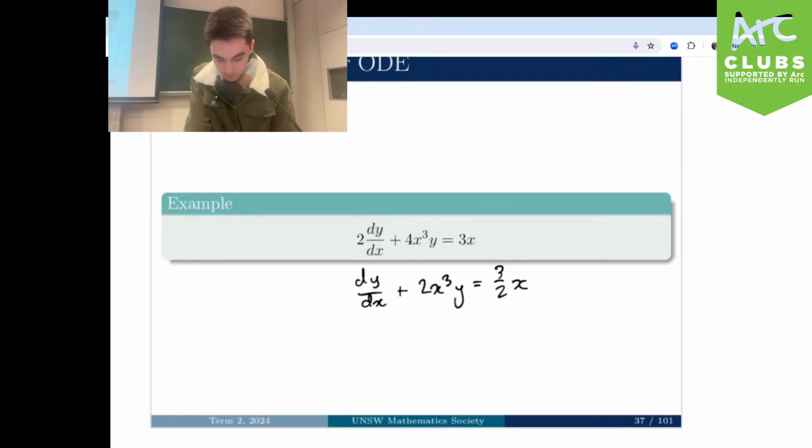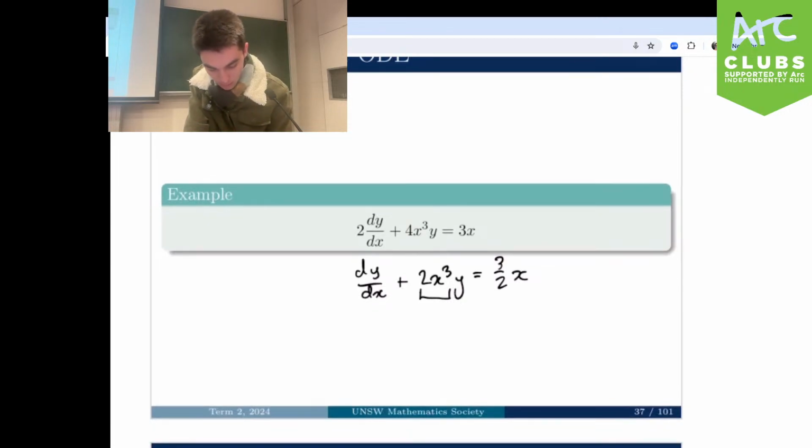And we identify our function f of x, right? That's the thing that y is multiplied by. This is 2x cubed.